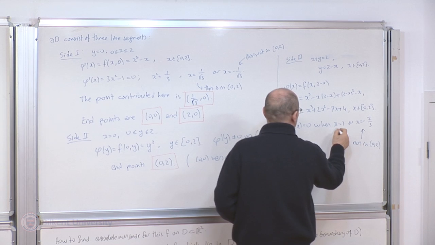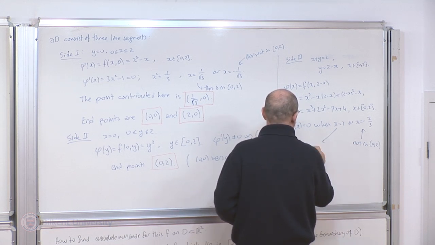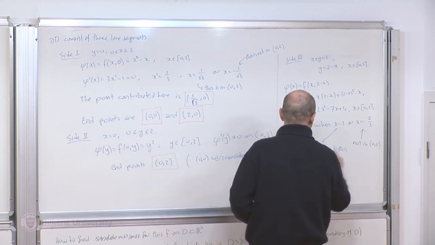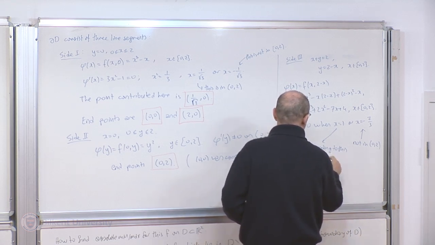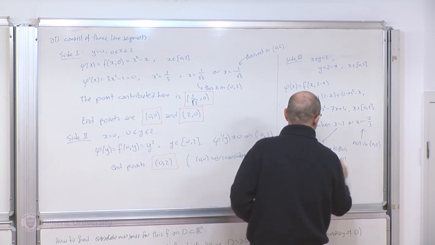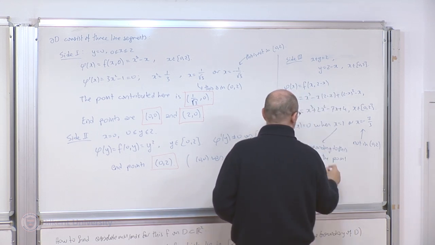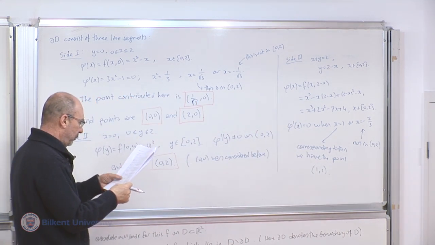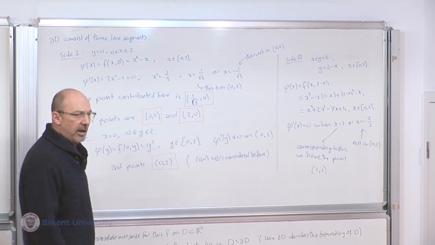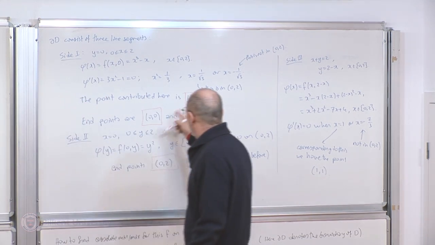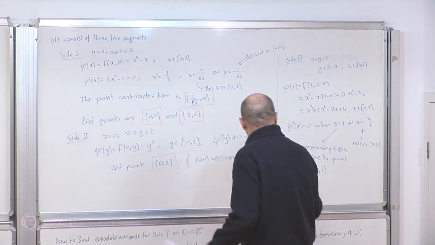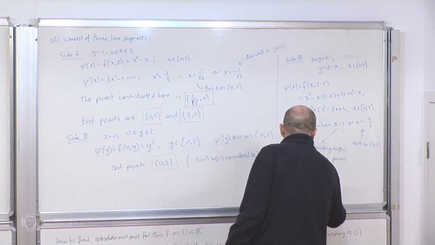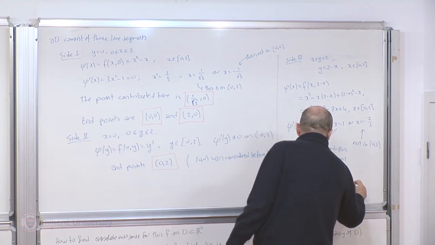So corresponding to this, we have the point x equals 1, y equals 1. And the endpoints are already considered before, already included.